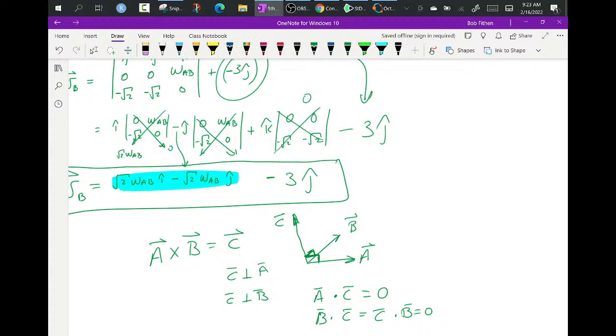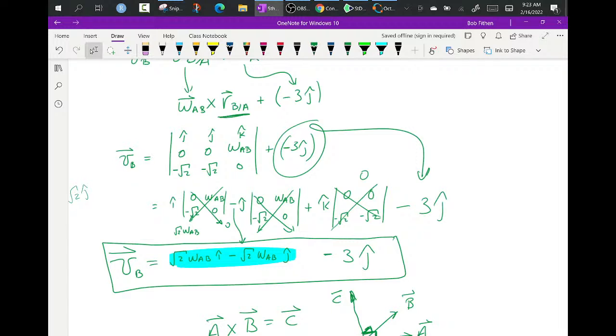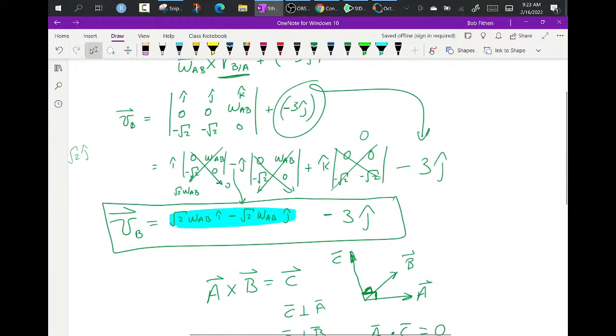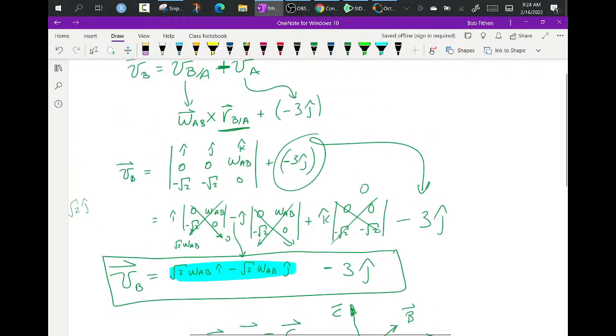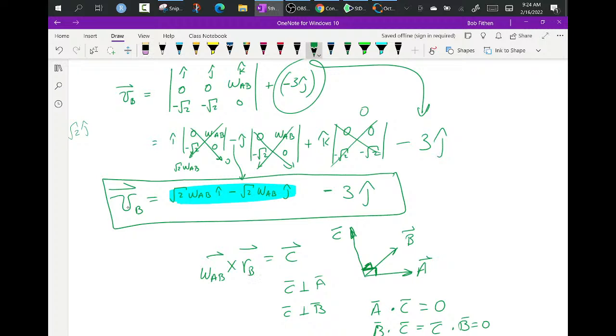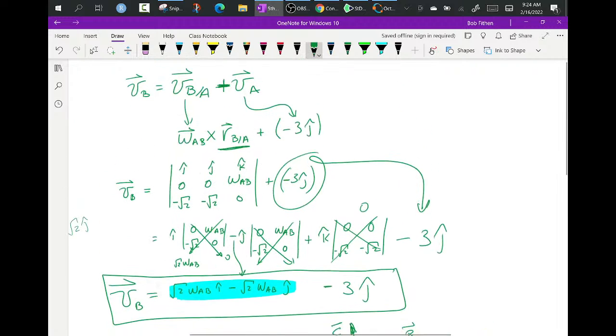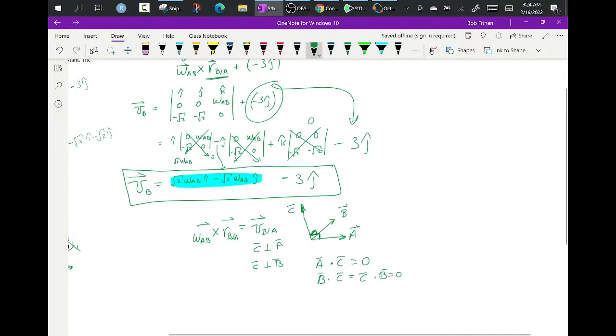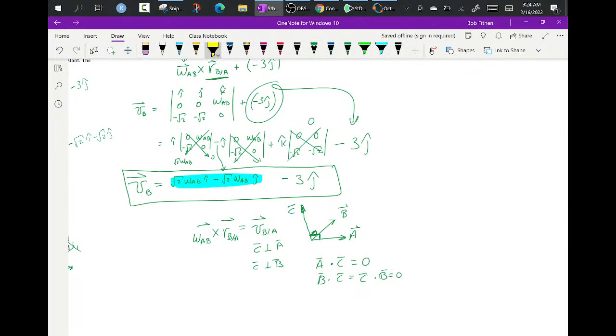What this means, if you look back up in the equation, A happens to be negative AB, B, so now back here, happens to be RBA, and this happens to be the velocity of B relative to A. Therefore, this blue vector is perpendicular to this one and also perpendicular to that one.